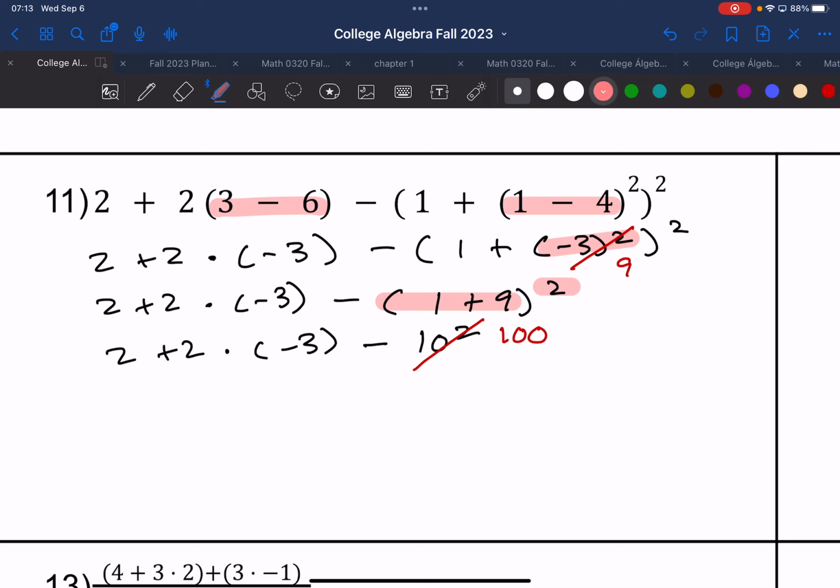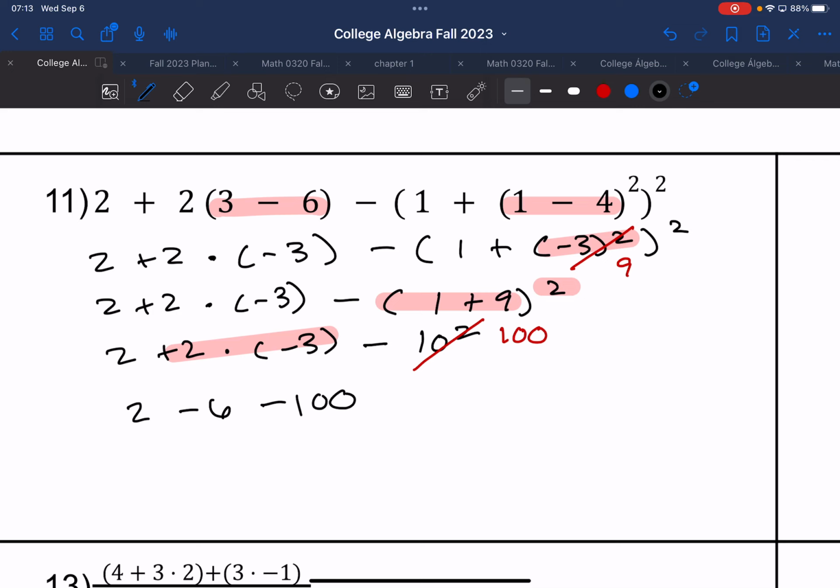Okay, next step. Multiplication right here, that 2 times negative 3. So 2, and it's going to be minus 6 because 2 times negative 3 gives us a negative 6. So we wouldn't write plus negative 6. We would just write minus 6. Minus 100.